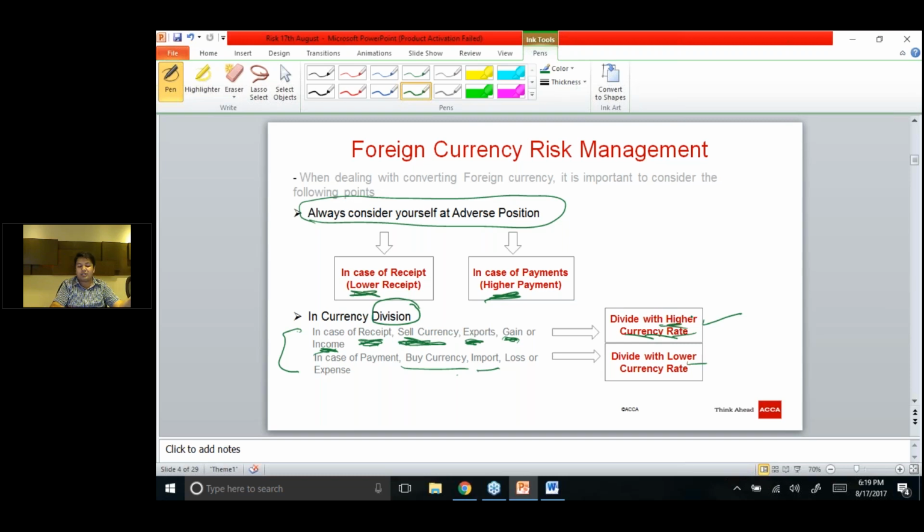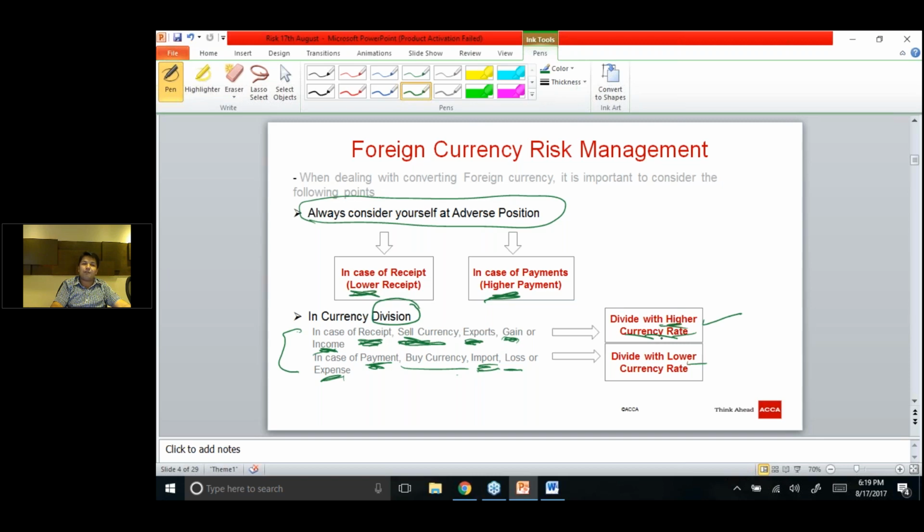And we know from the basics, whenever you sell currency, you will get answer in lower numbers. And how you gonna get answer in lower number? Dividing it with the higher rate. In case of payment, in case of foreign currency payment, in case of foreign currency import, in case of foreign currency loss, in case of foreign currency expense, in all of these examples, you have to buy the foreign currency. Whenever you buy the foreign currency, you have to pay more.